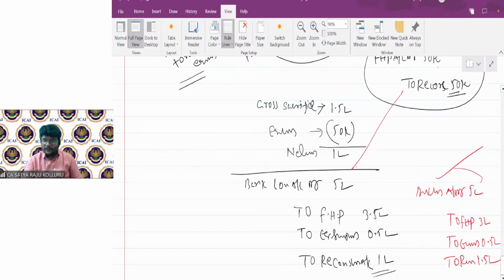It's a little bit confusing, right? But if you check it this way, the picture will be clear. Is it fine? Anyone having any doubt in this? Hope you understand this. Okay.